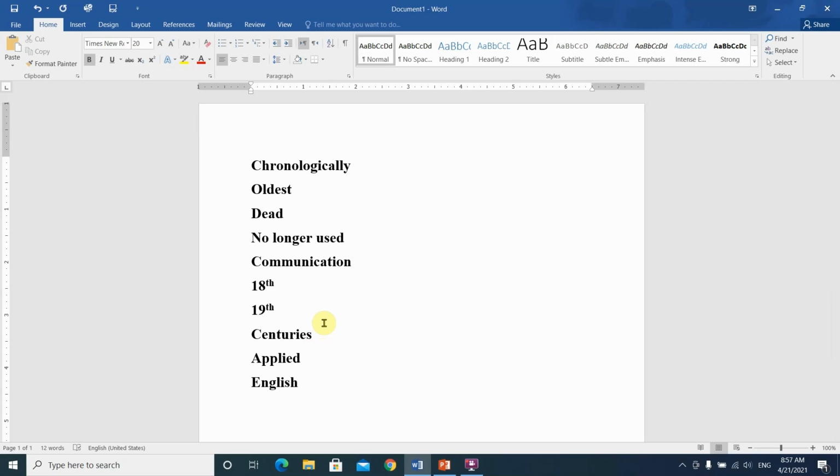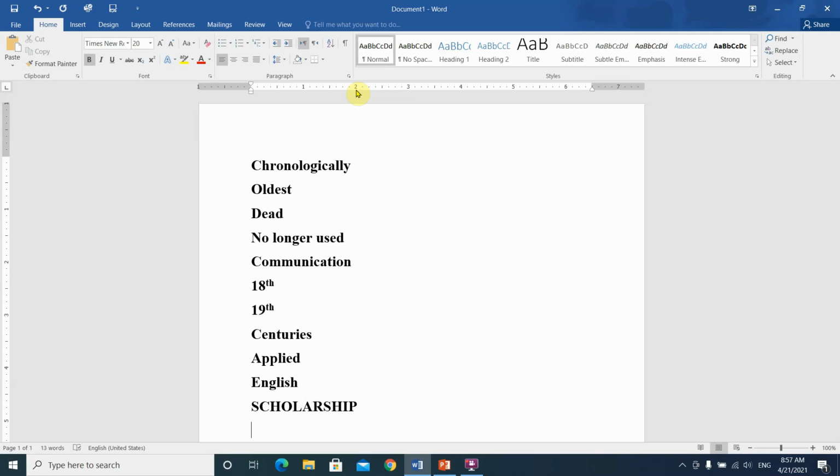Simply speaking, because these two languages are the languages of scholarship. They are called the languages of scholarship, Latin and Greek.